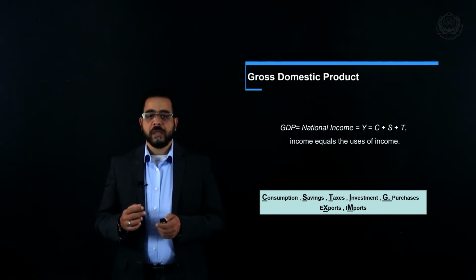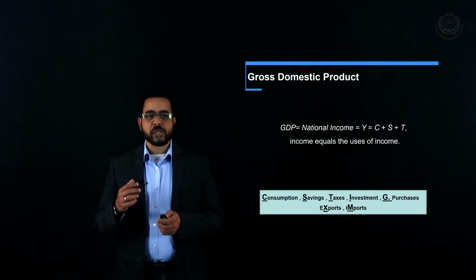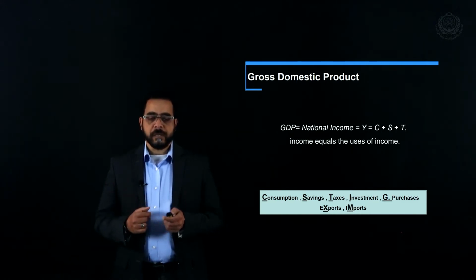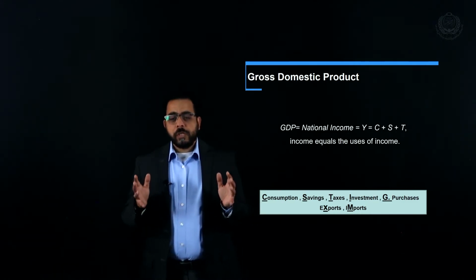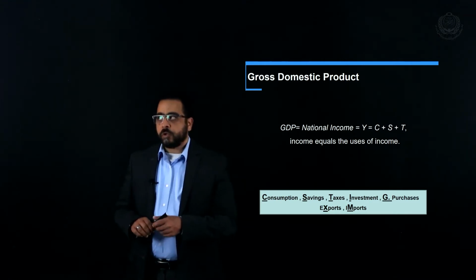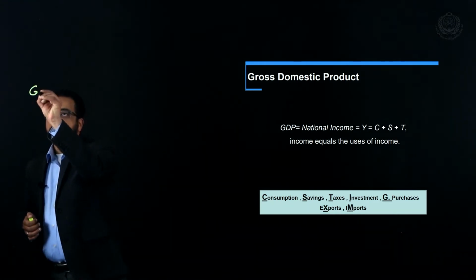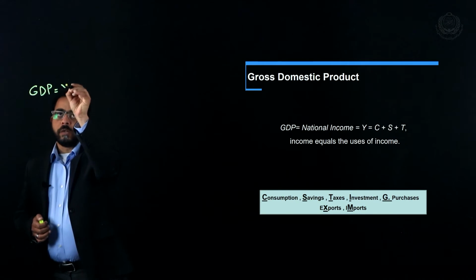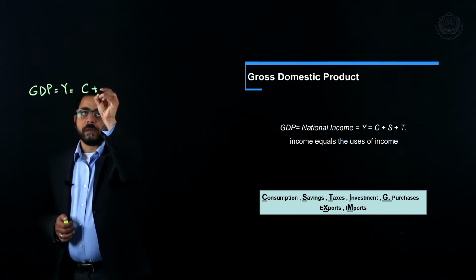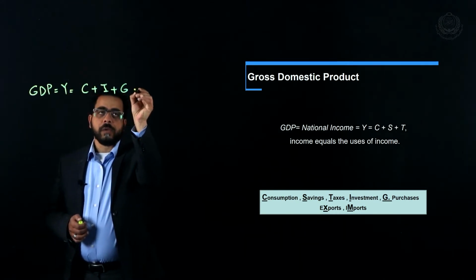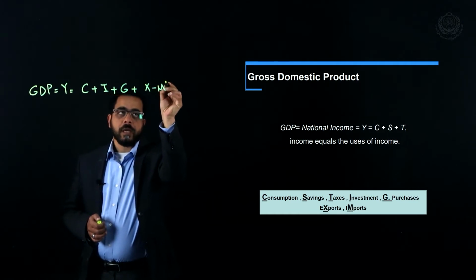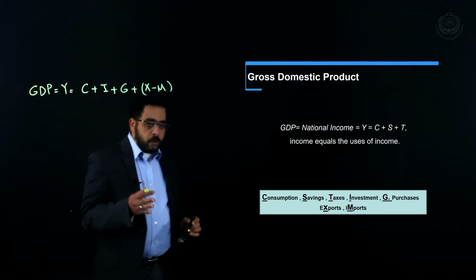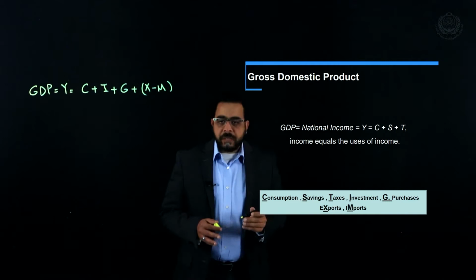And we know that the national income equals the GDP. We know now that the GDP is calculated using the expenditure approach, where the GDP, which will equal Y, will equal C plus I plus G plus X minus M. Now we are ready to know how investment is financed.